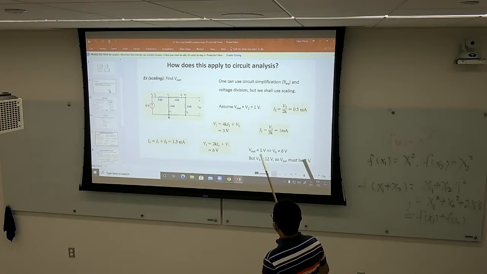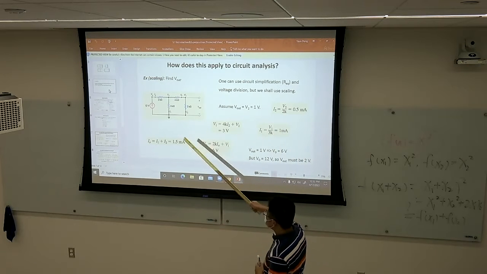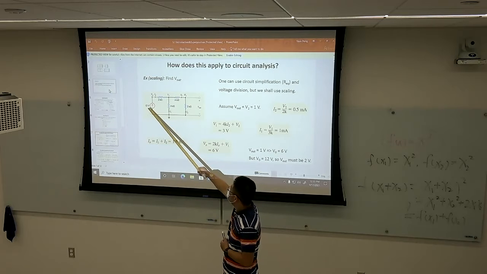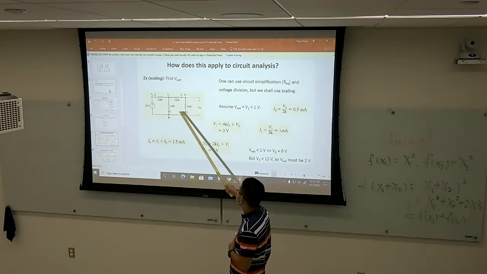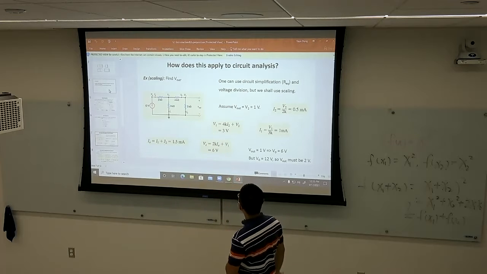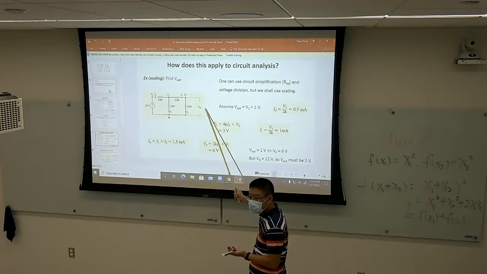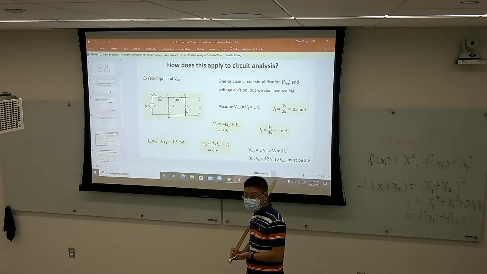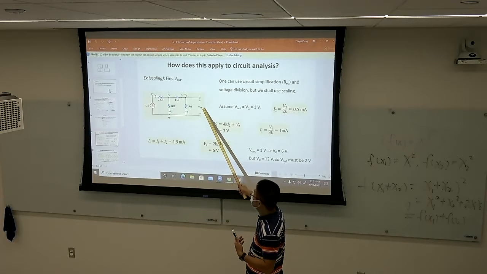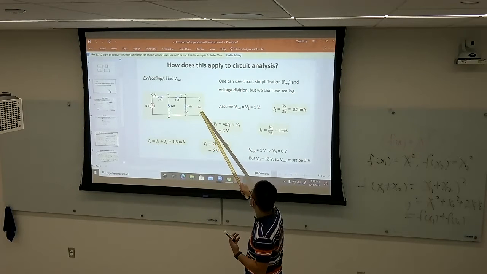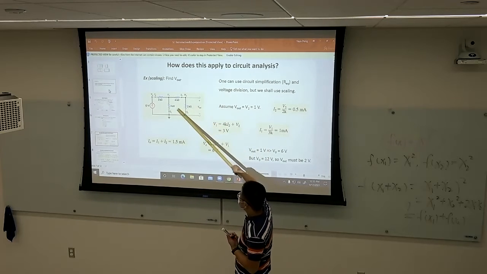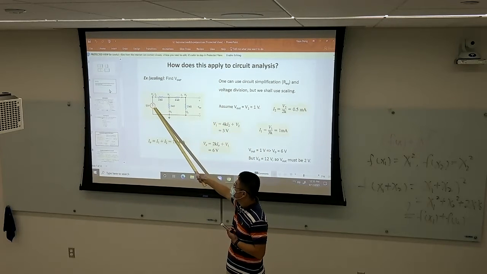So how to solve this circuit is that, this is a linear circuit. We have the input, and we want to calculate the output. What we do is assume we do not know the value for Vout, but we assume Vout is 1 volt, and solve the circuit and obtain the voltage.